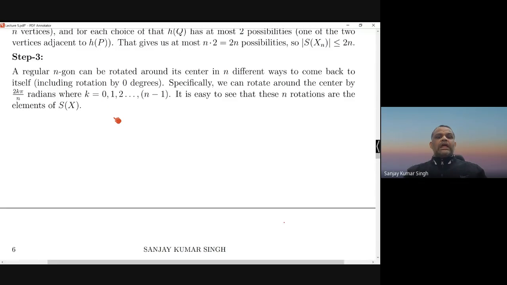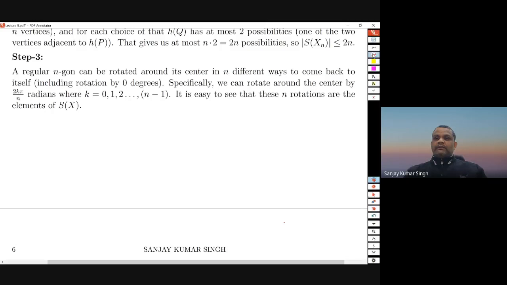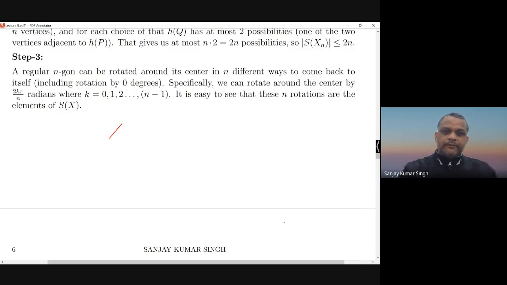A regular n-gon can be rotated around its center in different ways to come back to itself. And how can it be done? Suppose you have this regular polygon.